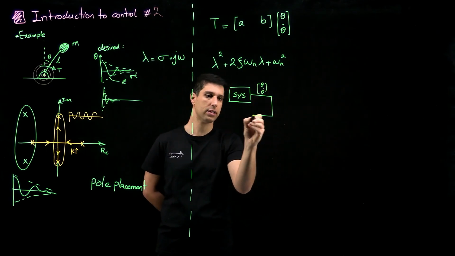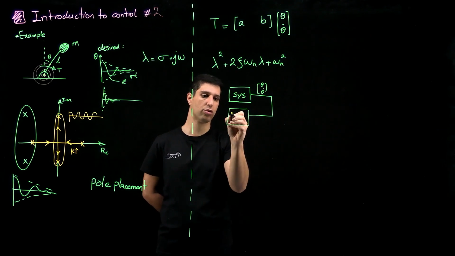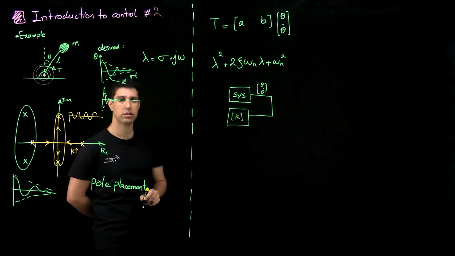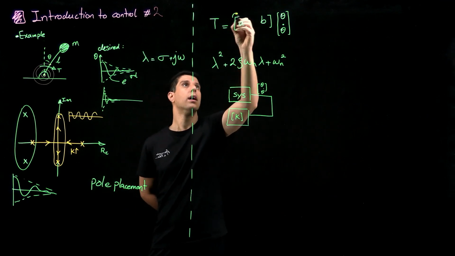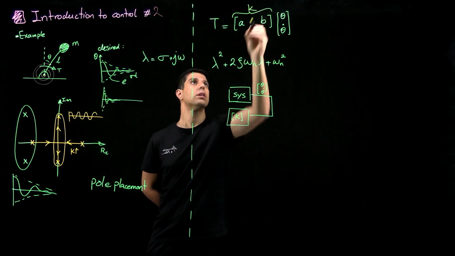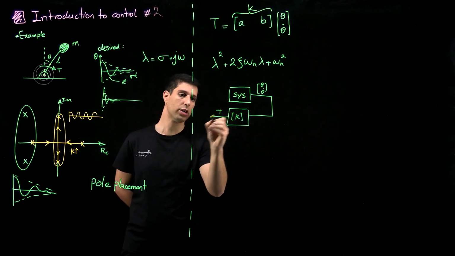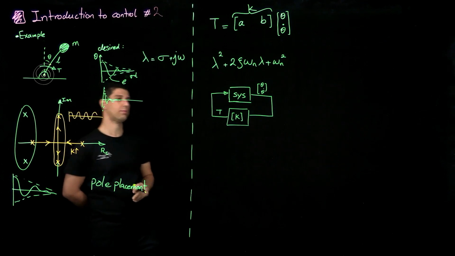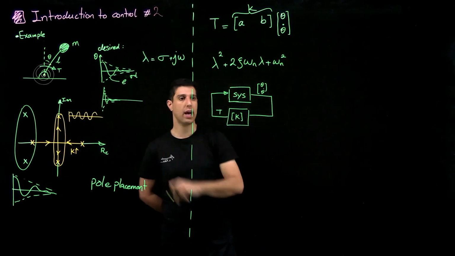I take this and feed it through a control gain K. I'm going to write it like this to demonstrate that this is a matrix. And this gives me my torque. And I feed my torque to the system. Hopefully this feedback loop gives me that.